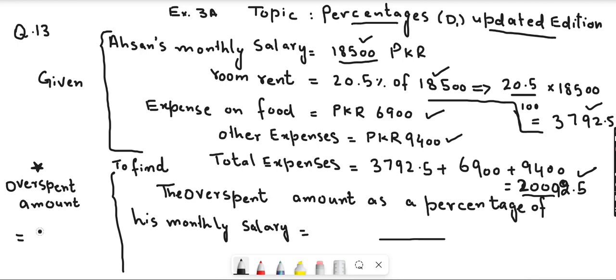So how much did he overspend? We will calculate that first. His expenses are 20,092.5 and his income is 18,500.